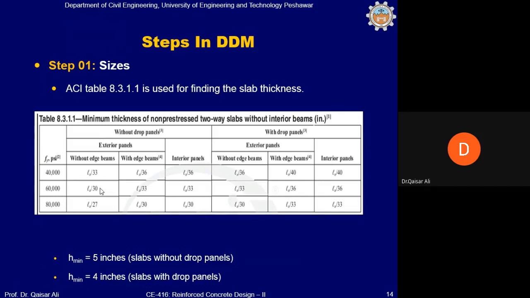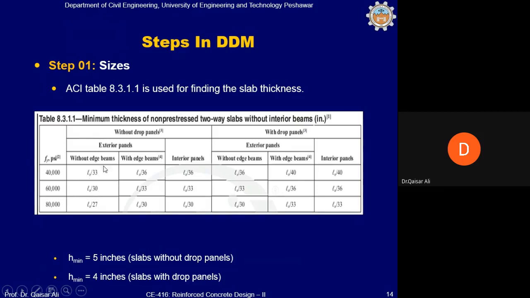Academically, however, you should use the relevant column carefully, and then finally you can decide yourself. Usually, we prefer to use more thickness in our design projects, because it has many advantages. So you can use the relevant equation.